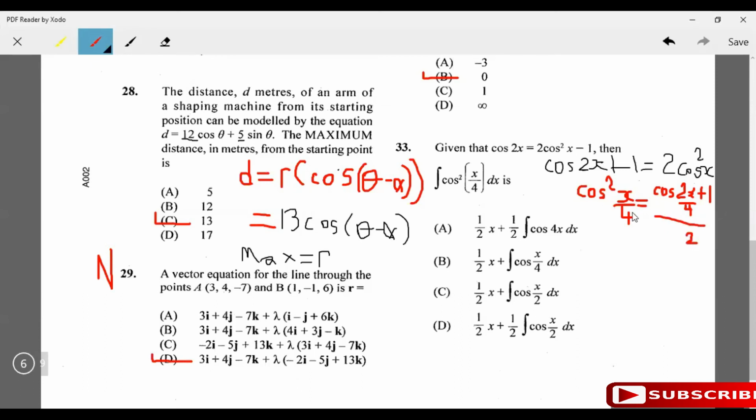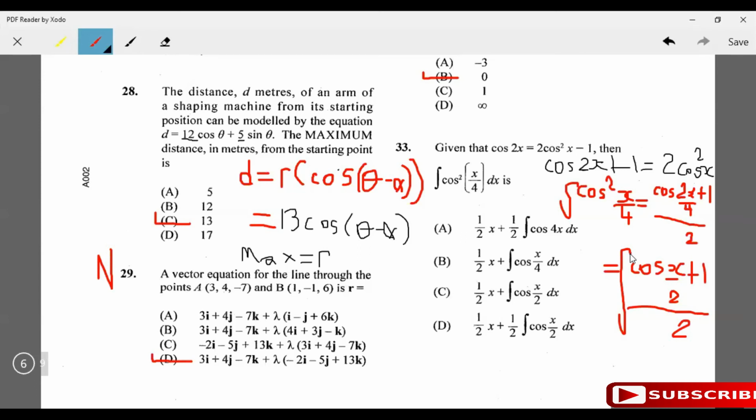So what we can see is that 2 over 4 is just x over 2. So that works out to be the cosine of x over 2 plus 1, divided by 2. And so the integral now of this is equal to the integral of all of this. That's what we have.